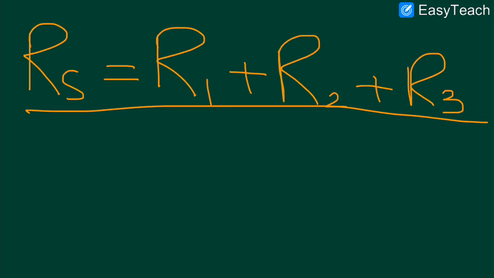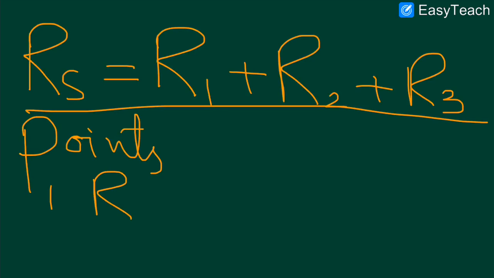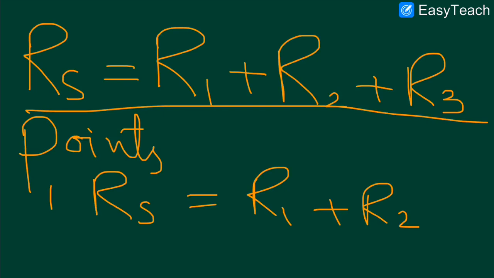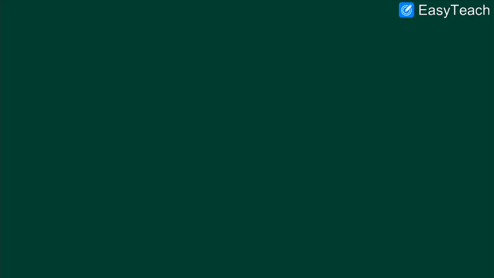Now let's try to write some special points about the series combination. The first point will be, for two resistors, Rs will be equal to R1 plus R2. Now, what about n resistors?